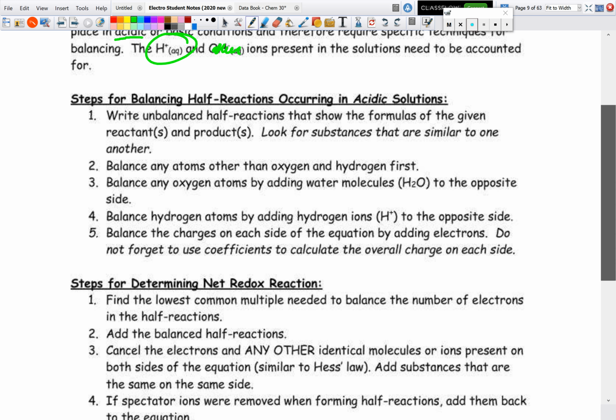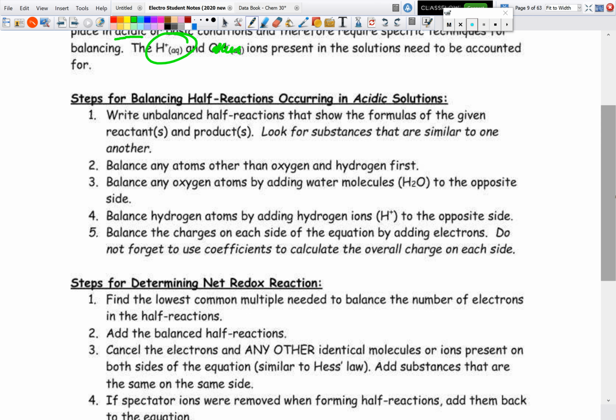So in order to balance these under acidic conditions, first we have to write the unbalanced half reactions to show the formulas of the given reactants and the products. That's just getting our half reactions, and we won't know which one's oxidation and reduction, but once we get through all the balancing, then we'll figure out which one's which.